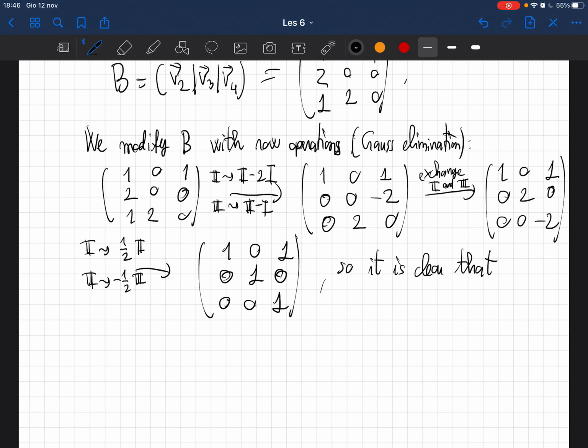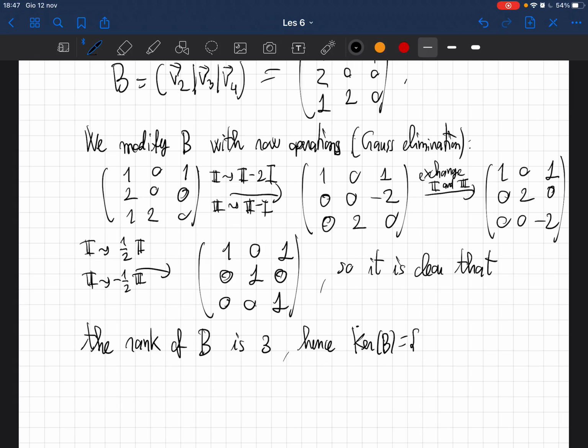that the rank of A is 3. So the rank, you remember, it's the number of leading ones, but you don't have to recall it. Hence, if you want kernel, oh, it's not A, it's B, sorry.